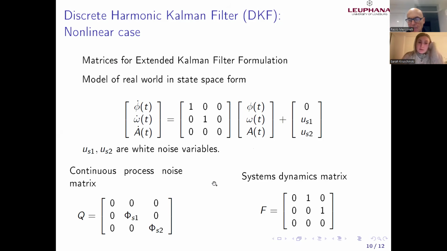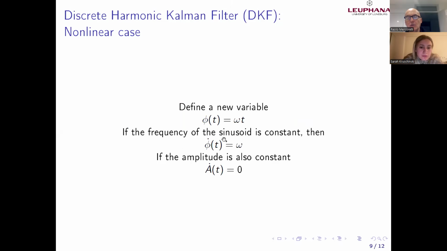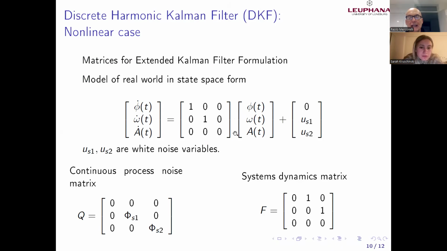Let me see. In the first line, we have a 1 here. Excuse me for the error. I have to correct, because if you look here, the derivative of phi is equal omega.